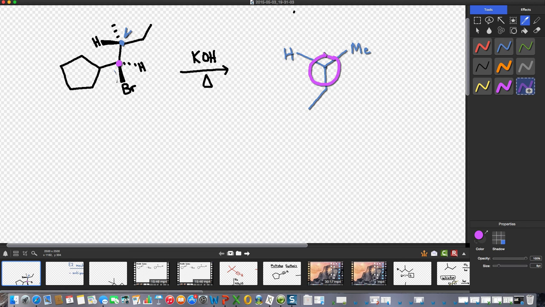And of course, the bromine now is going to be down and to the left, while the hydrogen is going to be down and to the right.